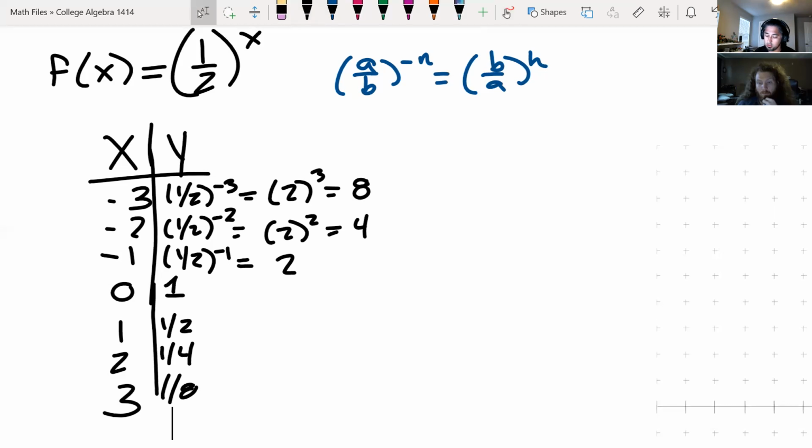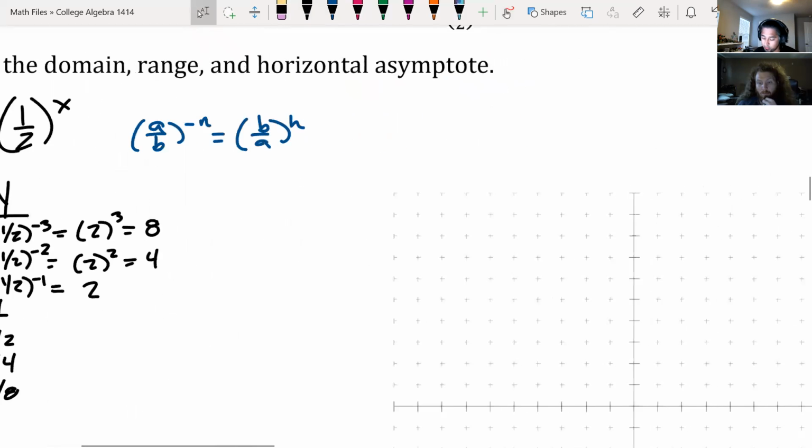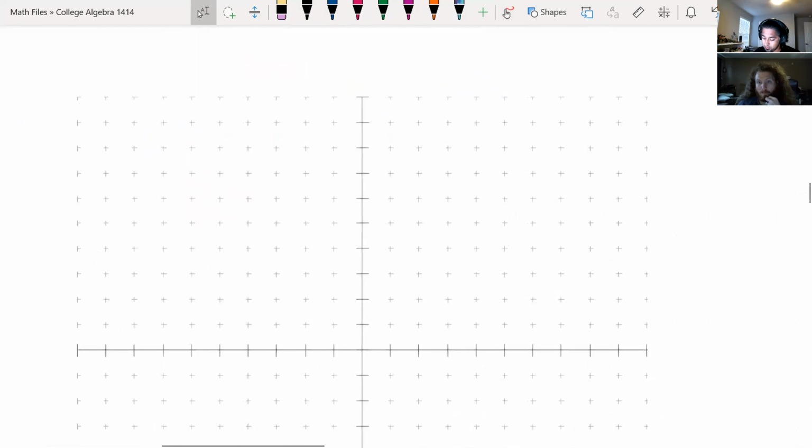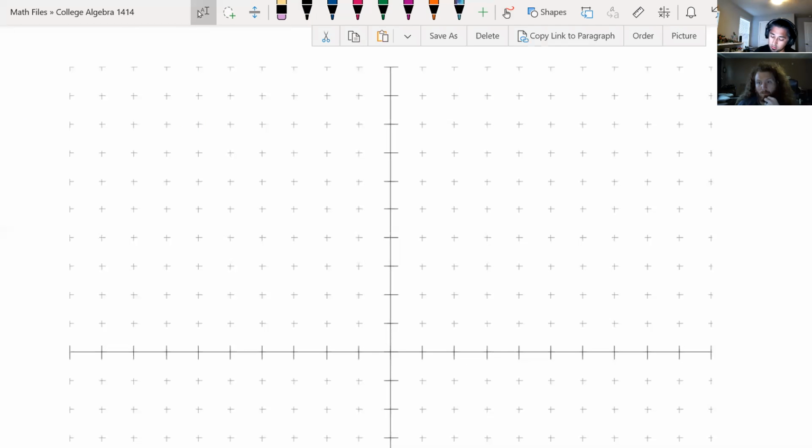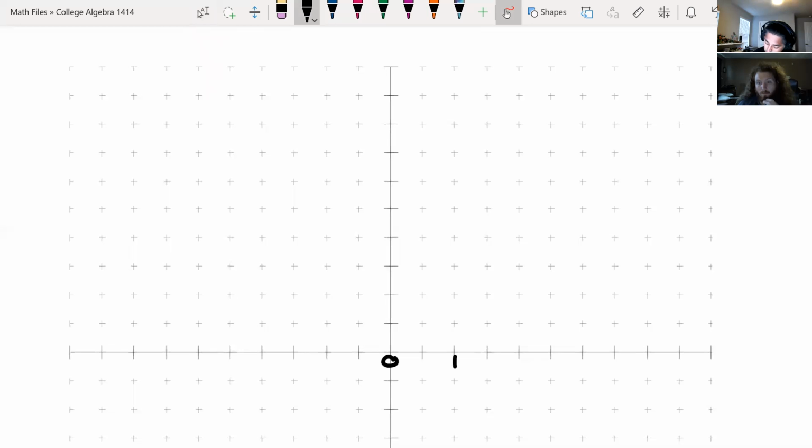Okay. So let's go ahead and make our graph appropriate again. Zero, 1, 2, 3, -1, -2, -3. And from my XY chart over there, we said that at 3, we were at 0.125.